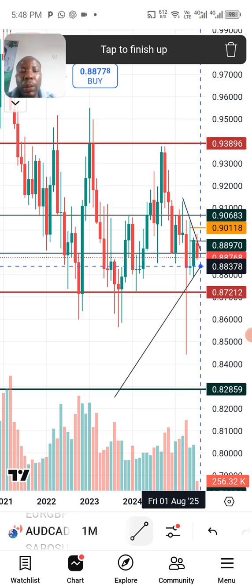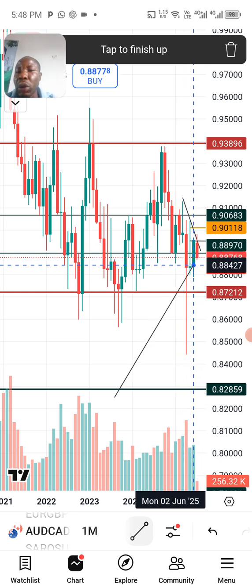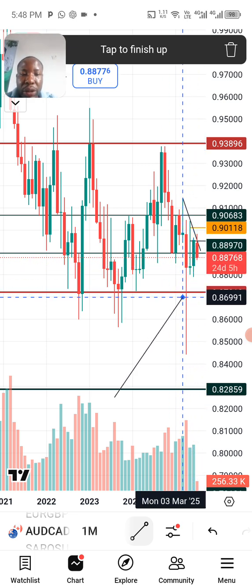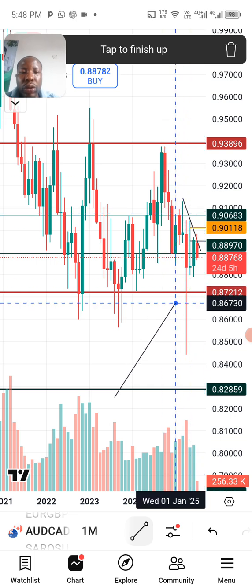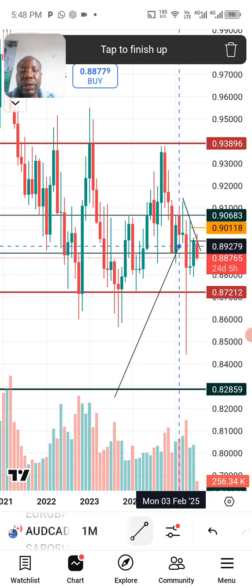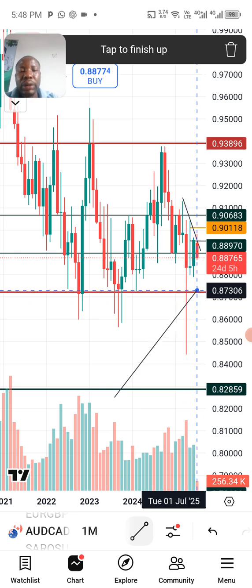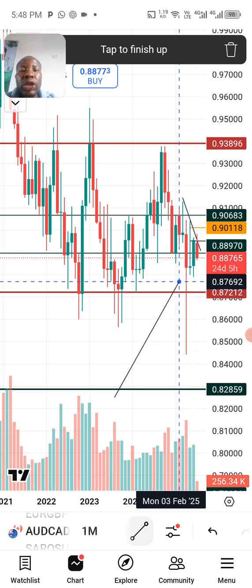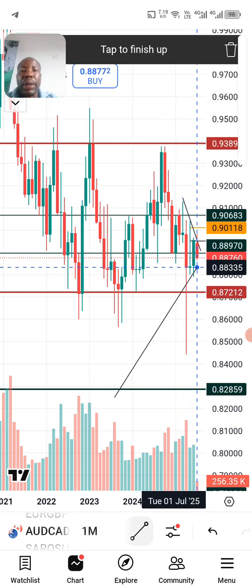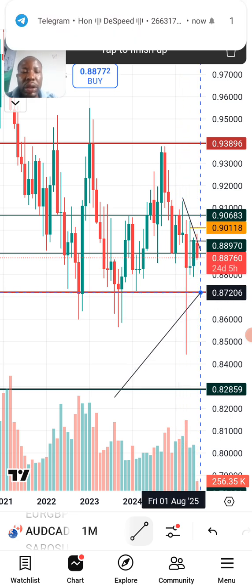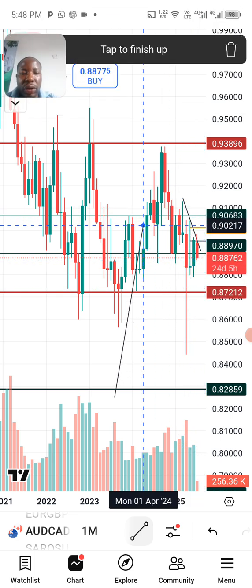Number two, if there is no chart pattern on the weekly, then we should not follow this market to the upside, because it is in consolidation.